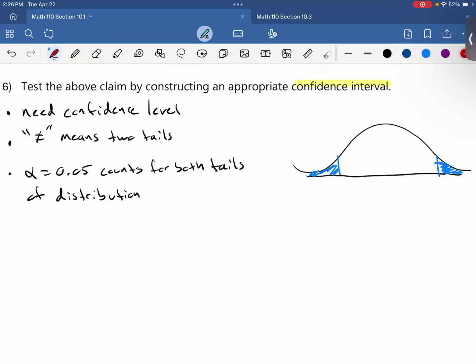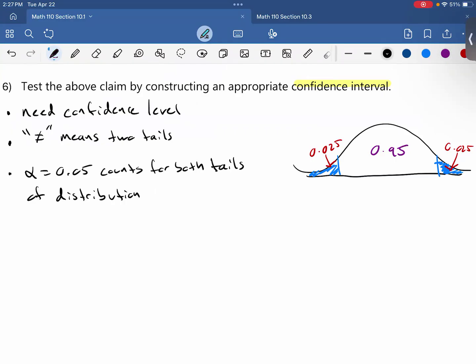So the two tails would need to add up to 0.05. So that means 0.025 is the shaded portion of each tail because they need to add up to two tails. Okay, so if 0.025 and 0.025 are on the ends, that means in the middle, I'm going to have 0.95. So that would be the confidence level I would need.